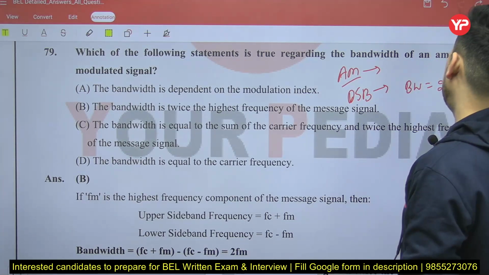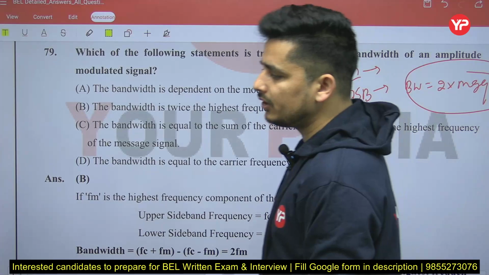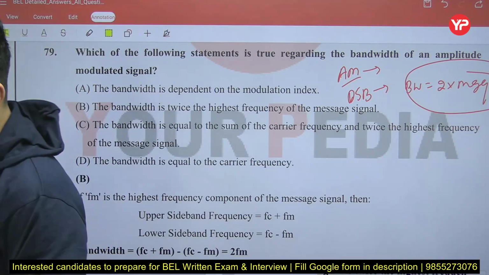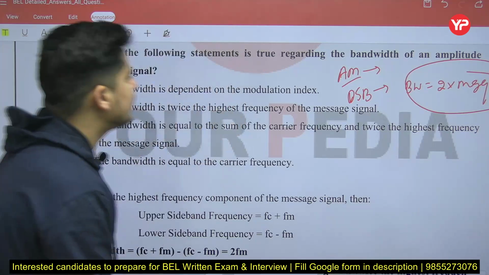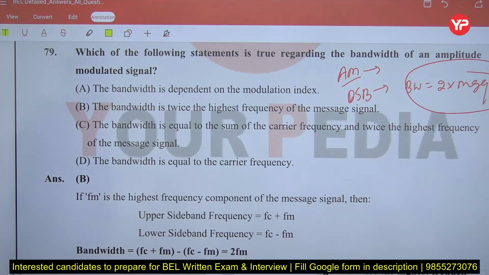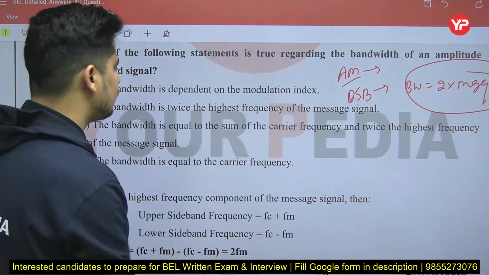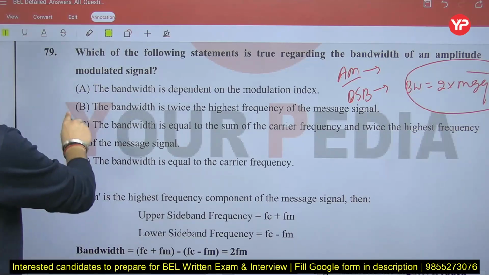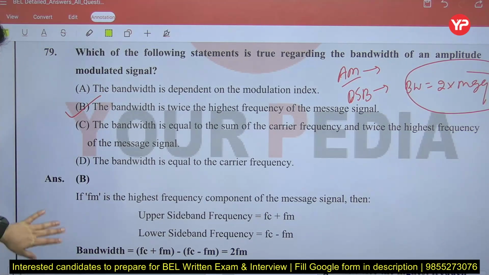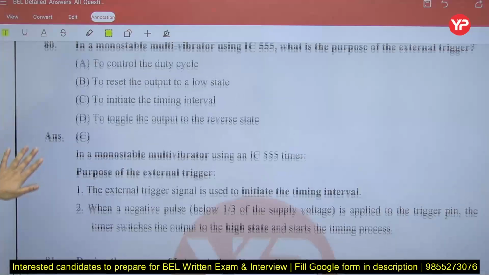If he is asking for DSB having lesser bandwidth, half of this one, no. The bandwidth is twice the highest frequency of the message. That is the B answer, right? You can check it here in the calculation.